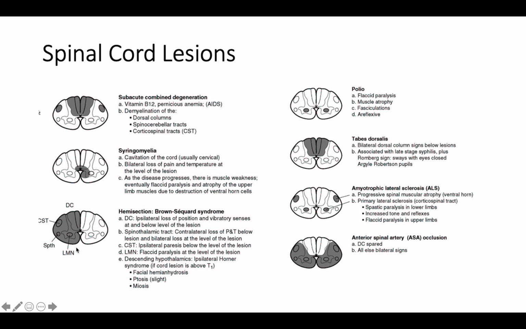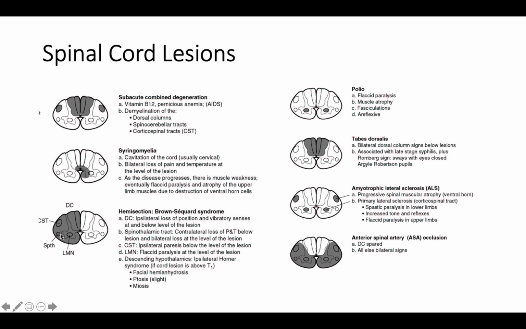That's a complete hemisection of the spinal cord. We've talked about this before whenever we were going through the general rules. Because this is below the decussation of the corticospinal tract and below the decussation of the dorsal columns, it's going to be ipsilateral for those two. So we will have a loss of motor function on the right side, and we will have a loss of fine touch, vibration, and mild proprioception. Thankfully, the cerebellum helps cover it, but we will have a loss of that on the ipsilateral or right side.